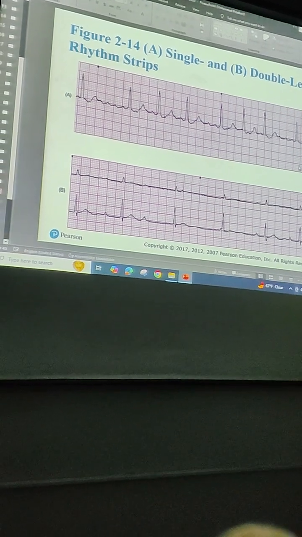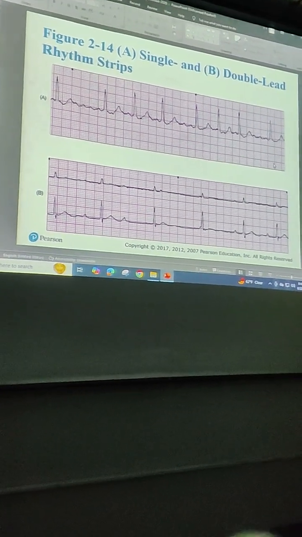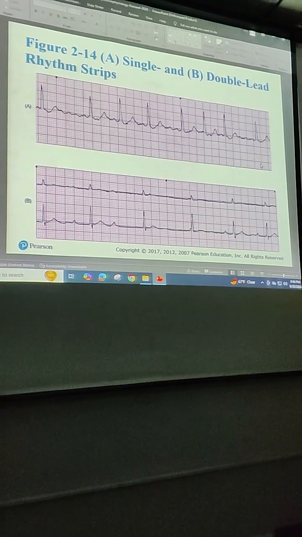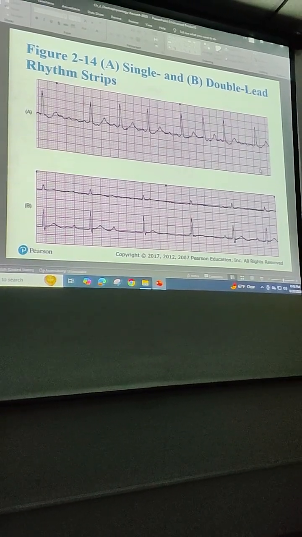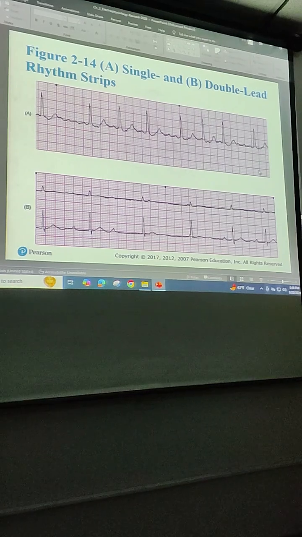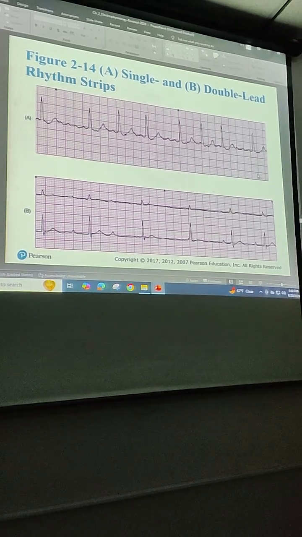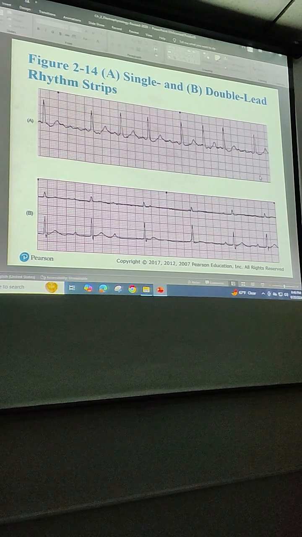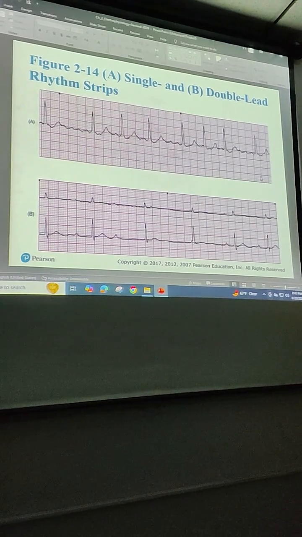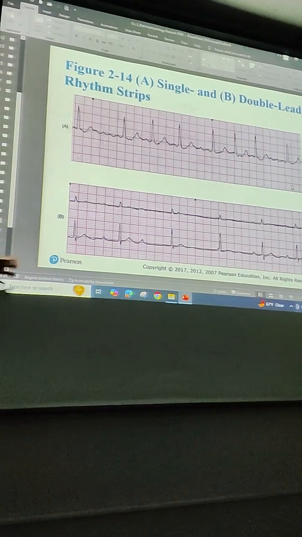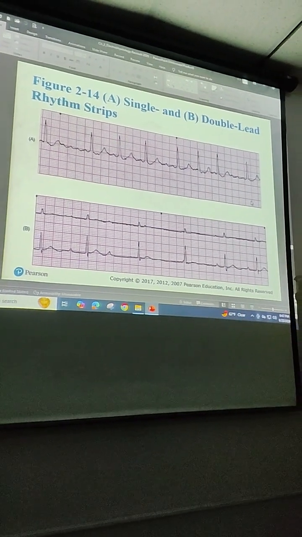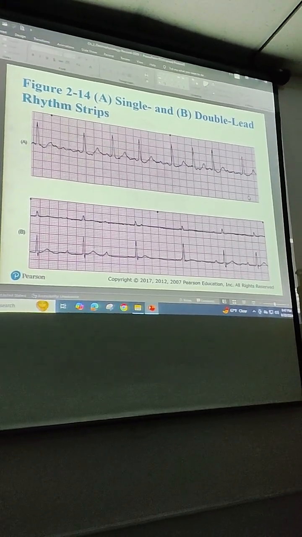So when you start working in a hospital or a clinic, that's what you're going to do: one page. You don't have to be cutting and pasting, worrying that you mixed up or misplaced the leads. Now you have everything. So this is how it looks. Now, tell me, what is the P? What is the T?